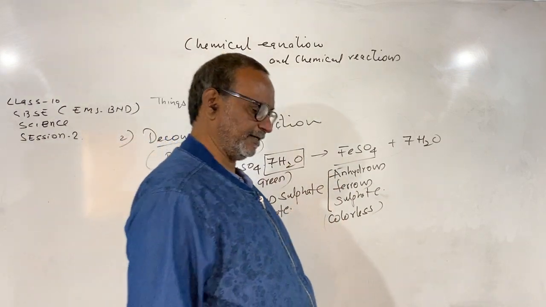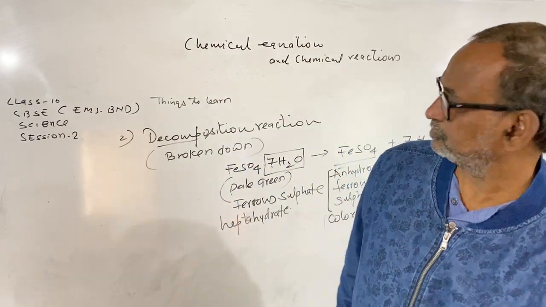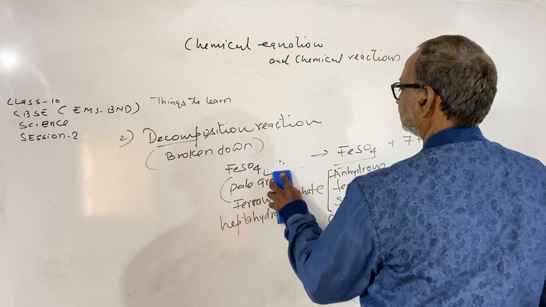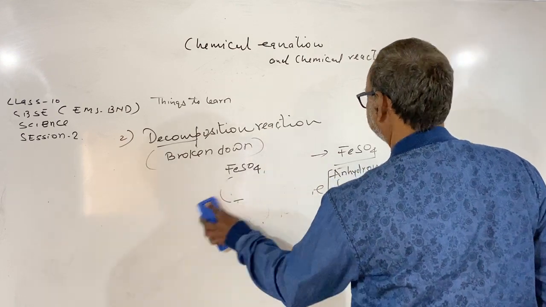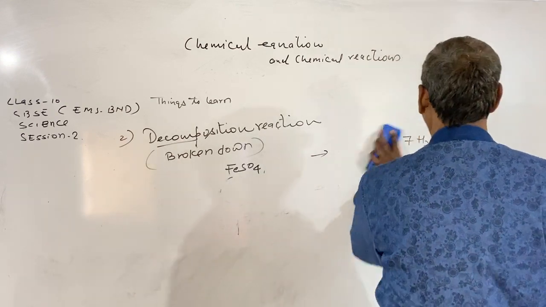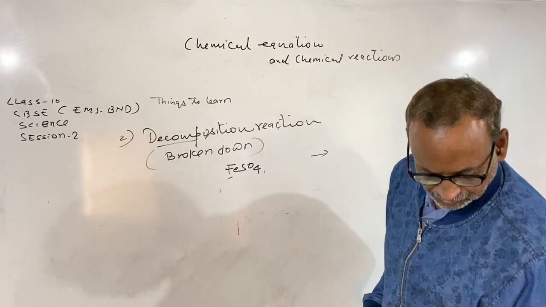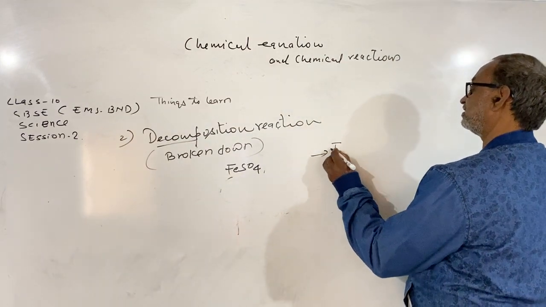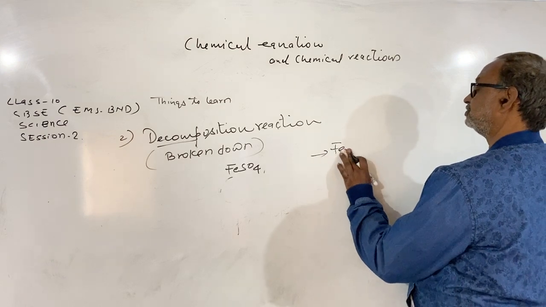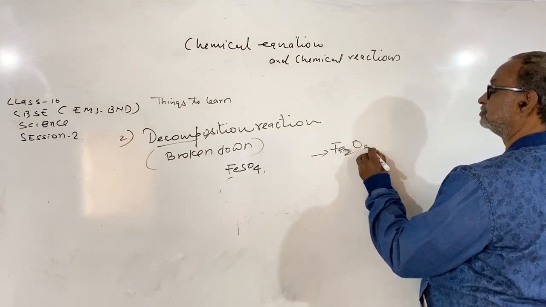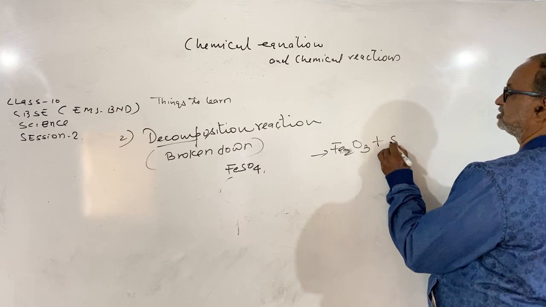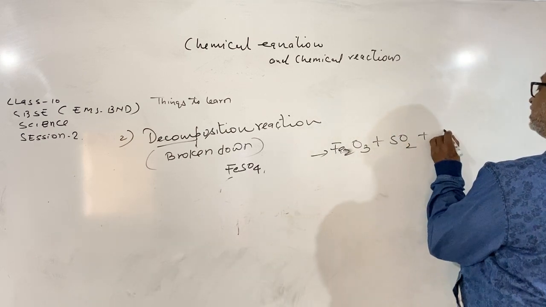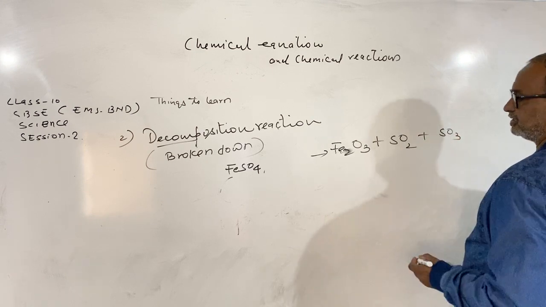On further heating, ferrous sulfate decomposes into iron(III) oxide, sulfur dioxide and sulfur trioxide.